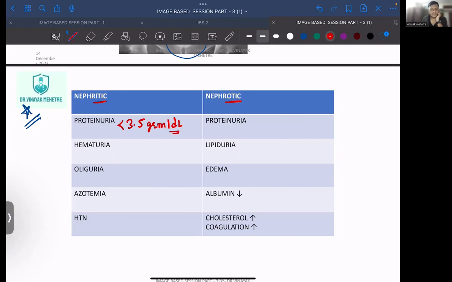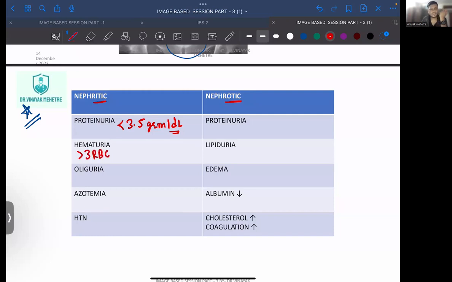How we define hematuria? What is the definition of hematuria? Anyone? Urine microscopy is done, right? So in the microscope, how many RBCs should be there? Yes, it should be more than 3 RBC.